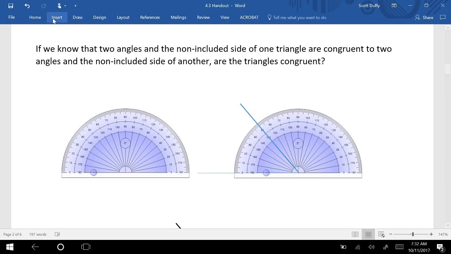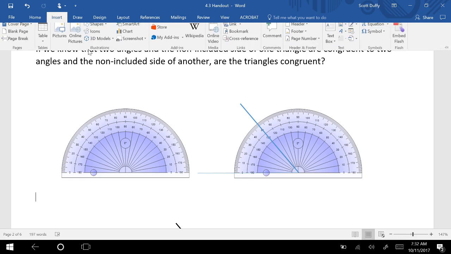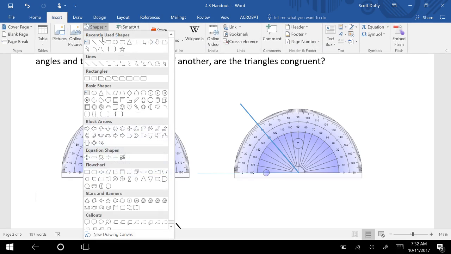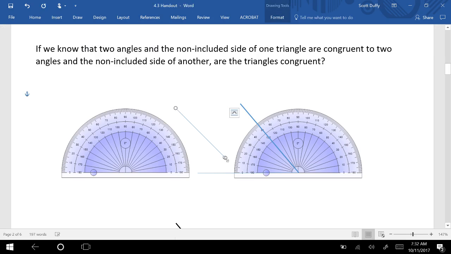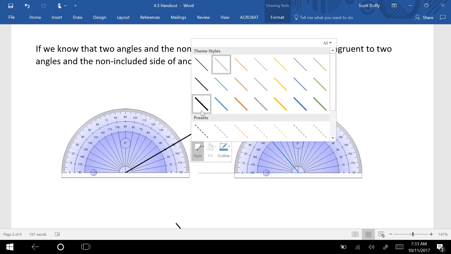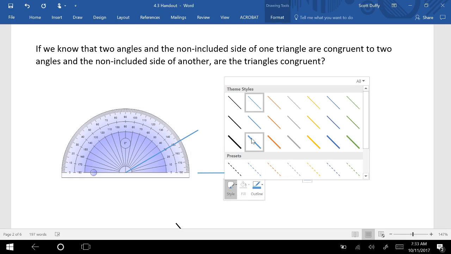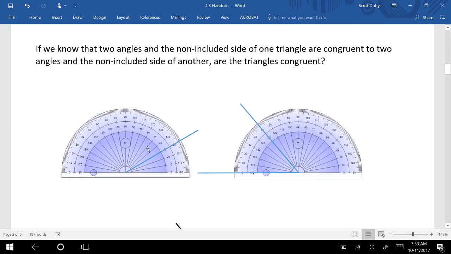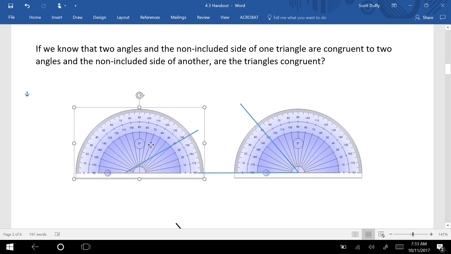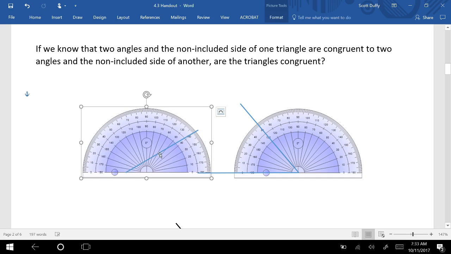So I'm going to have to set up a 30-degree. And basically I have to move these around so that they match up, which is a little bit tricky.